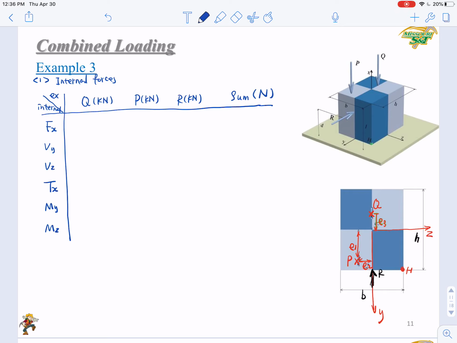Okay. Then let's look at the first external loading, Q. Okay, the Q is right here, and on the YZ plane, it's pointing down. Then let's look at the Q. Will the Q make Fx? Yes, right? So it's right along the x direction. So it will be negative 18, right?